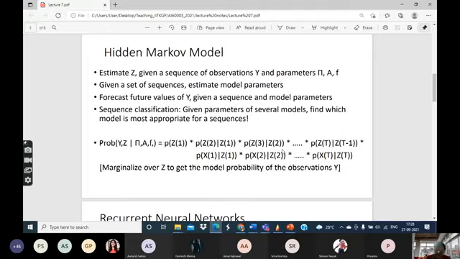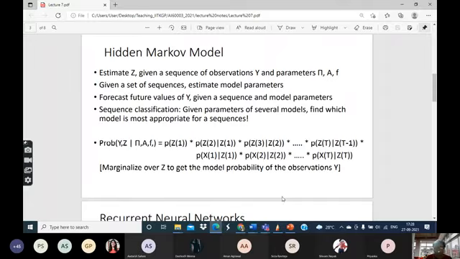As I said earlier, if you are given a set of sequences, there is an algorithm to estimate the model parameters. So for every class label, you train a different HMM model. There should be one set of model parameters for class 1, which may be software, another set of model parameters for class 2, which may be manufacturing, etc.